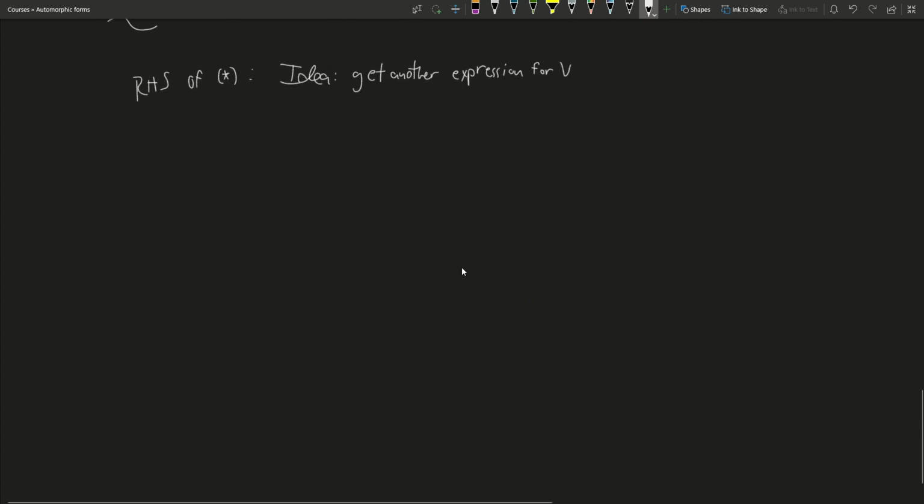So the way to do this is to use spectral decomposition. So spectral decomposition is the following, and I'm going to warn that I'm going to write something false right now, but let me write it anyway.